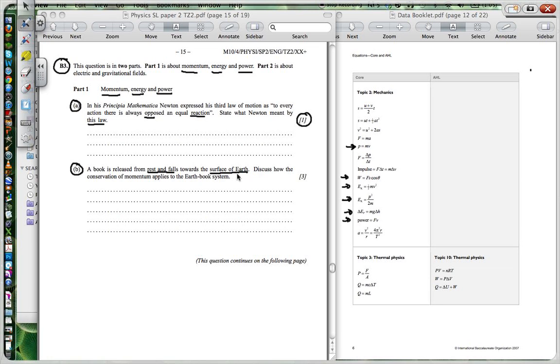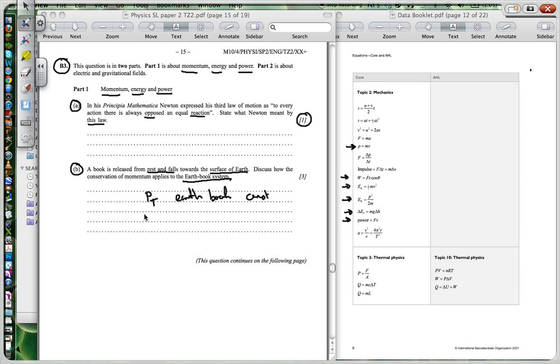Then it says a book is released from rest and falls towards the surface of the earth. So we're looking at that part of it, falling towards the surface of the earth. Discuss how the conservation of momentum applies in the earth book system. Now we have a conservation of momentum. That means that the total momentum of the earth and the book, the P total, will be constant.